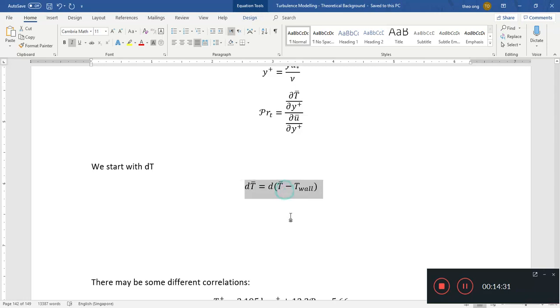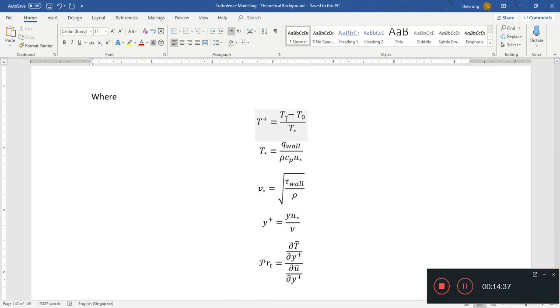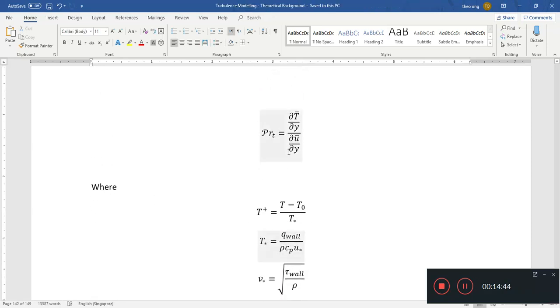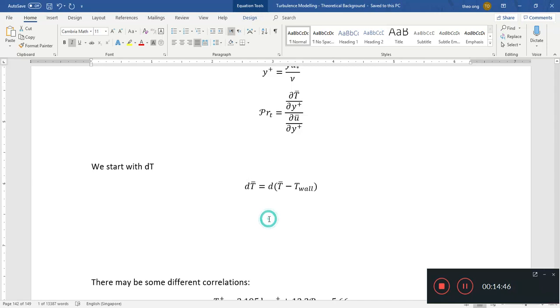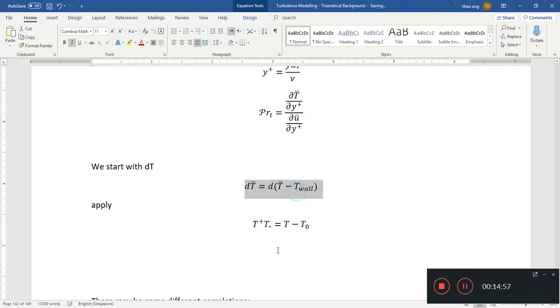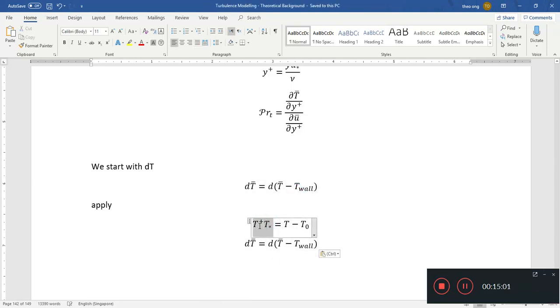And what else then can we do? We need to non-dimensionalize. Okay, so T minus T naught equals T plus and T star. All right, let's do that. We apply this equation in here. So what I'll do is just get this over to the other side, and let me copy and paste this down, and what we get is T plus T star.